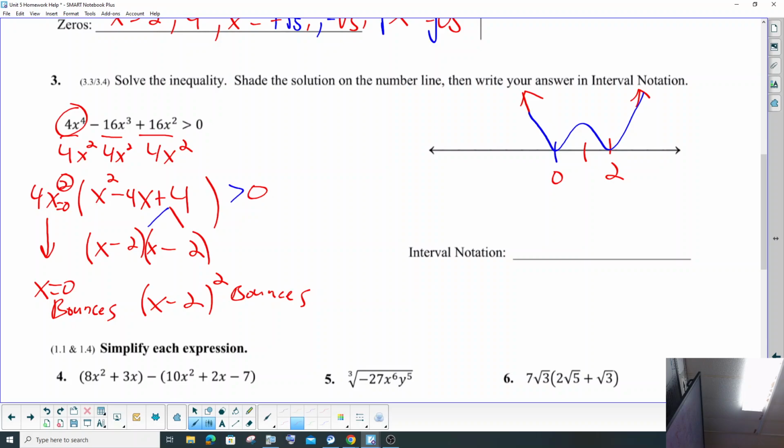So you're going to have to skip, because there's holes there. Otherwise, everything that's greater than 0 is here to here and here to here. So that would be negative infinity to 0, union 0 to 2, and union, pause me. Hopefully you got this one on your own. 2 to infinity. Nice.